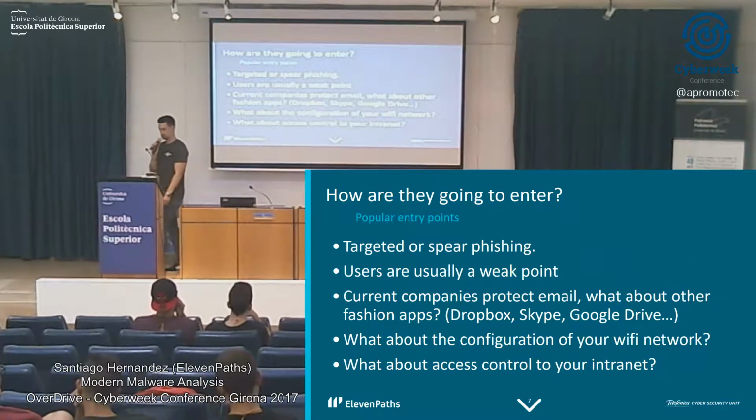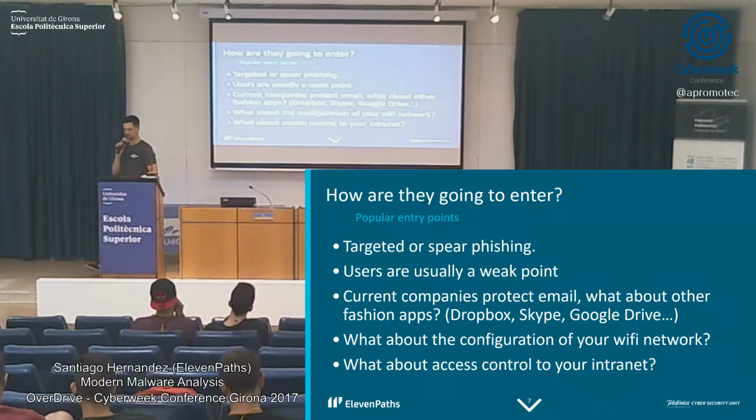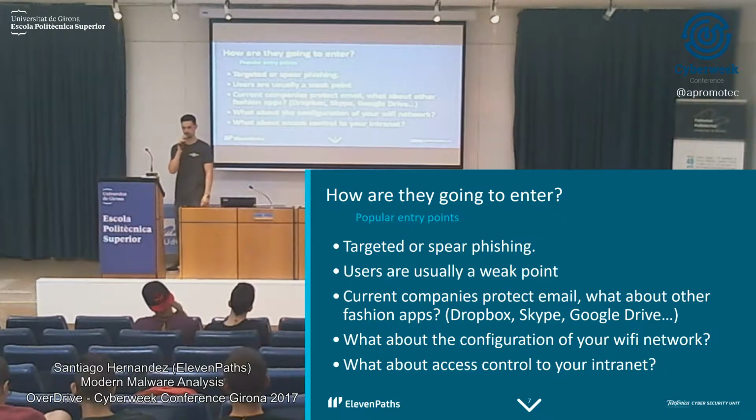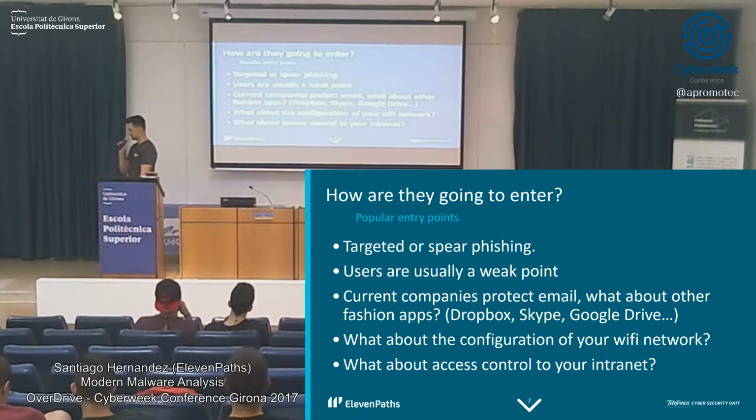So how are they going to enter? They are not going to enter through the firewall, through the IPs, through the IDs, and all those security technologies, because it is very difficult to do that. They are going to enter in an indirect way. They're probably going to start with some targeted or spear phishing, which is basically researching a person or a set of persons and trying to make some phishing.